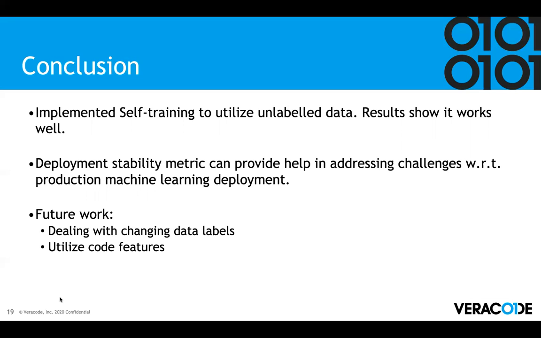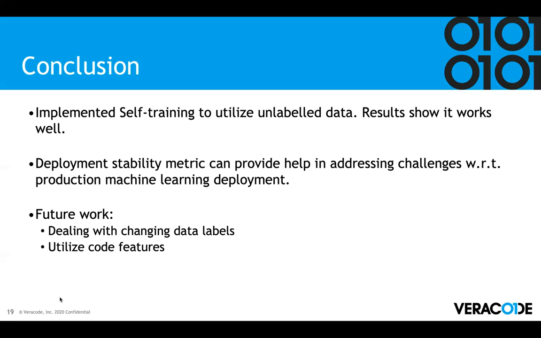A practical issue of models behaving very differently from earlier is something we have tried to solve using the deployment stability metric. It helps us decide if we should not deploy a new model, although the precision recall scores might be slightly better.